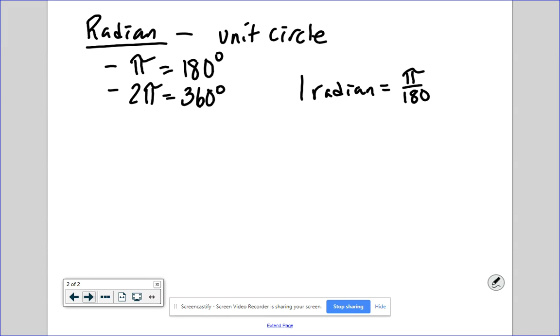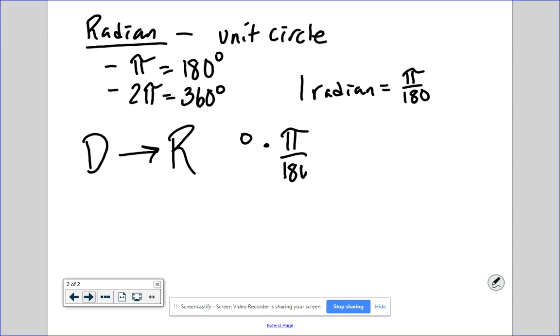If I'm starting in degrees and I want to go to radians, my conversion is degrees times pi over 180, or degrees times 2 pi over 360.